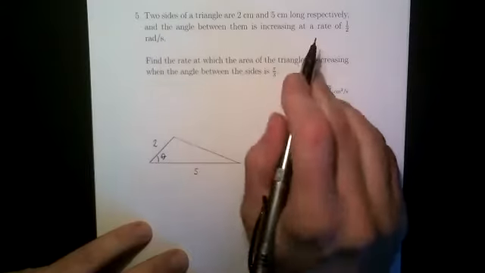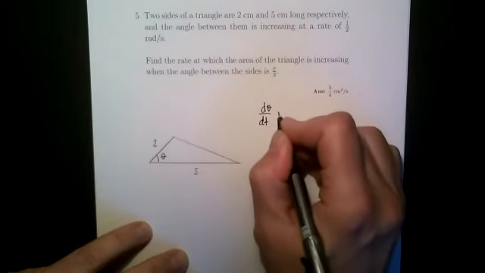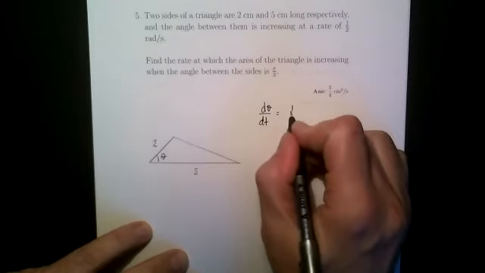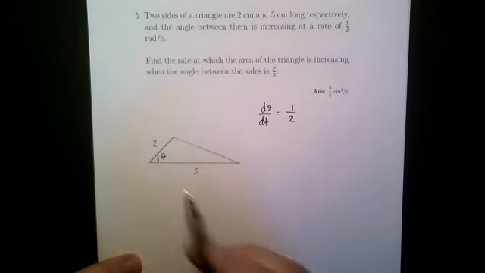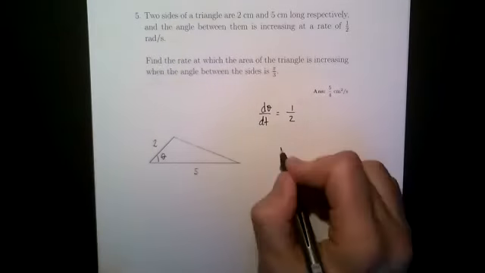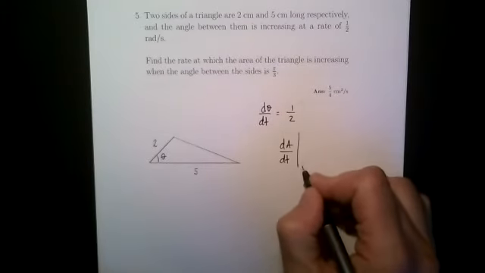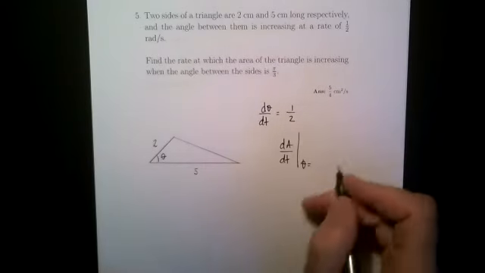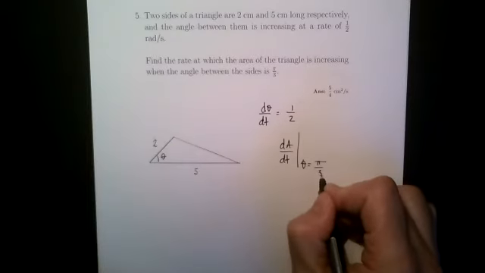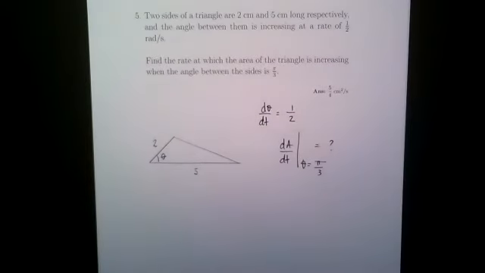We know that d theta dt is equal to 1/2. That's the rate at which theta increases. Find the rate at which the area, so we're looking for dA dt when theta is pi/3. Okay, that's the problem. Is this clear? The setup is okay?